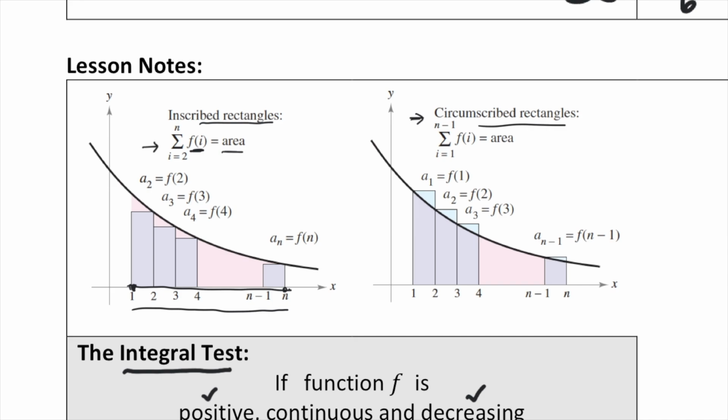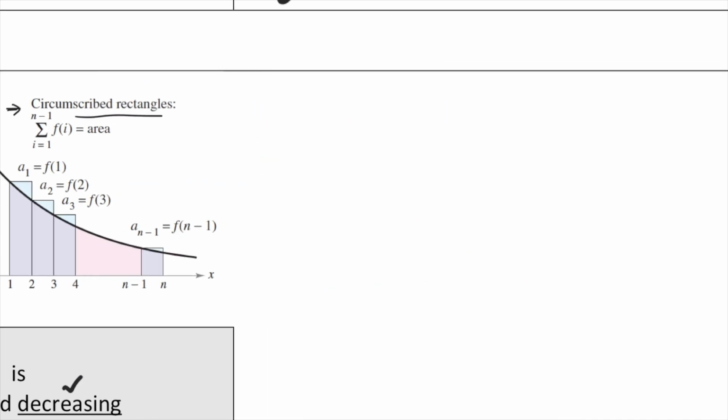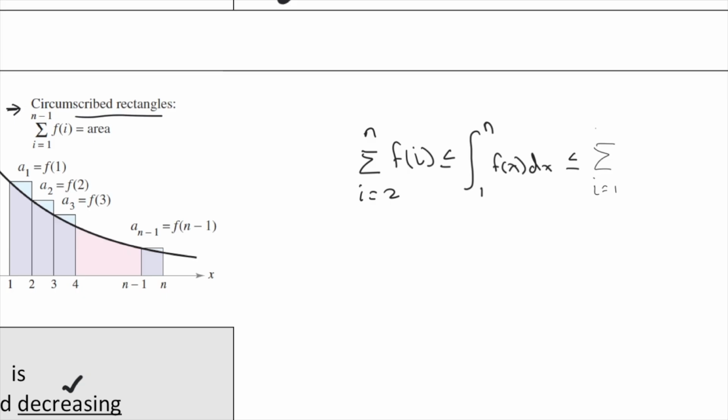If we think about that for just a minute, we know that the sum from i equals 2 to n of f of i has to be less than or equal to the integral, which is your exact area, from 1 to n of f of x dx, where each one of the terms falls on that function, and that has to be less than or equal to the sum from i equals 1 to n minus 1 of f sub i.